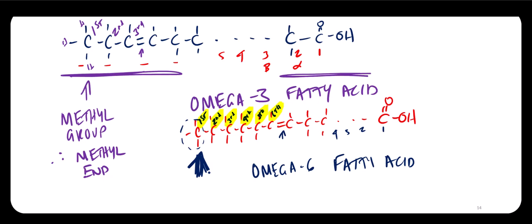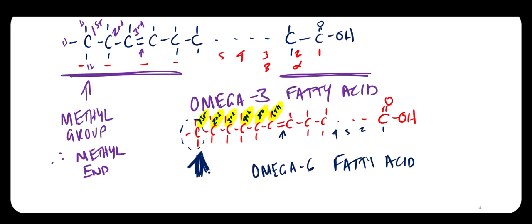A couple other things with this. When we get into elongating fatty acids and adding more double bonds, there's some rules. When we elongate fatty acids, or when we do pretty much anything to fatty acids, we're going to do it 2 carbons at a time. And that just comes back to the molecule we're starting with when we make the changes we're going to make.